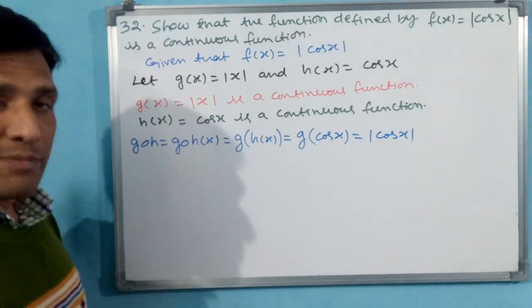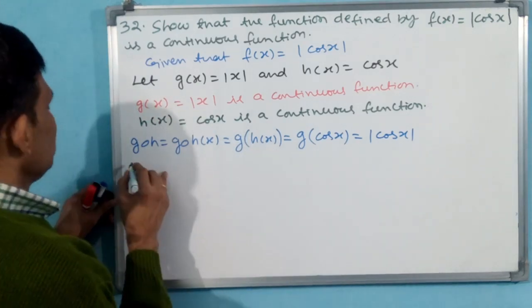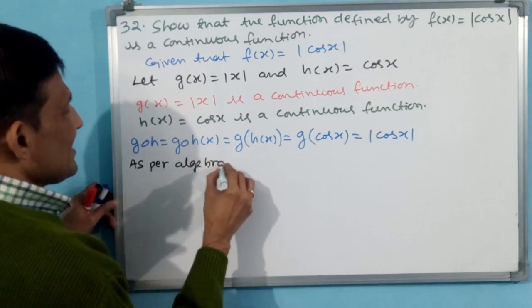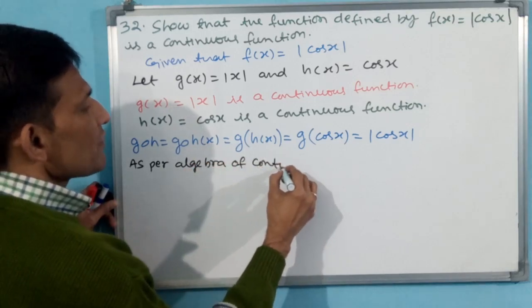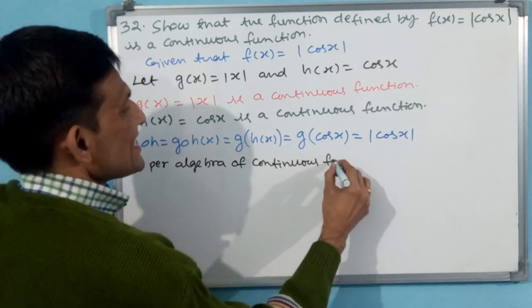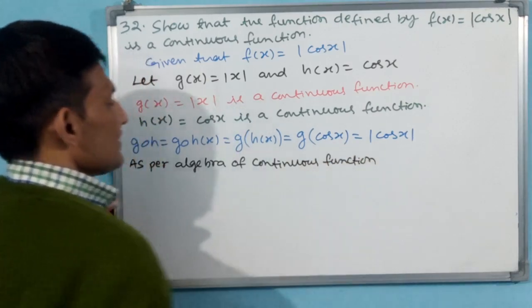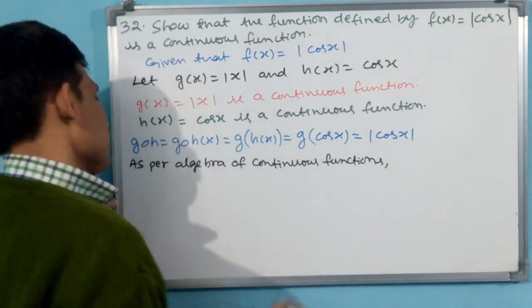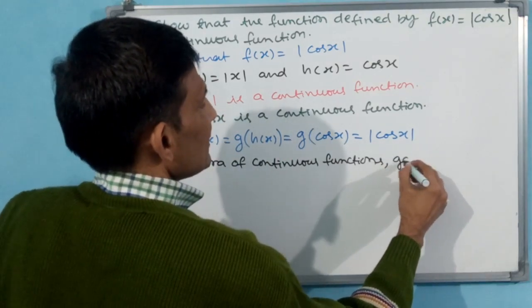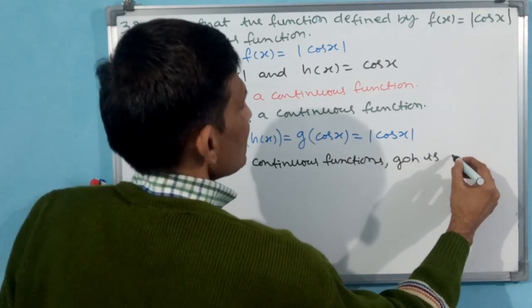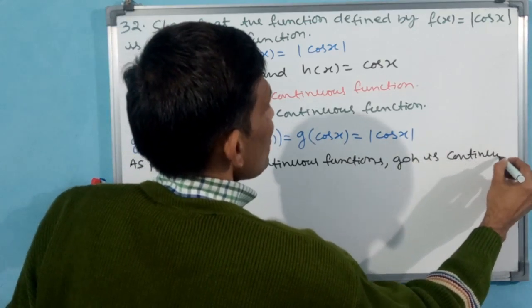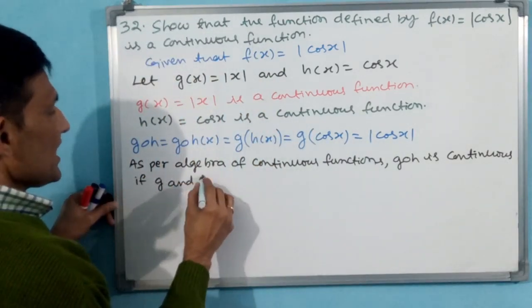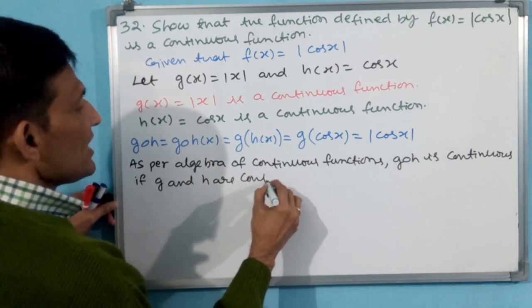Now you are going to write as per algebra of continuous functions: g o h is continuous if g and h are continuous.